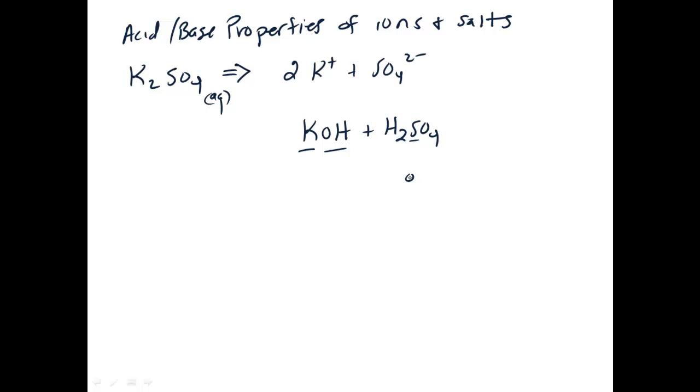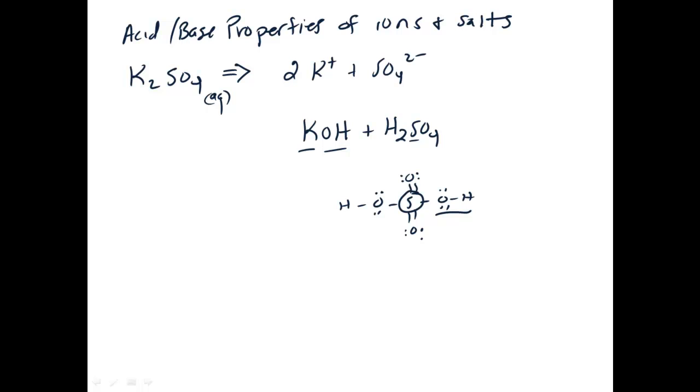If we look at the Lewis structure for sulfuric acid, it looks something like this. Then we'd have to put in our lone pairs or non-bonding pairs. All right, so here's the Lewis structure for sulfuric acid, and we call these nonmetal hydroxides.